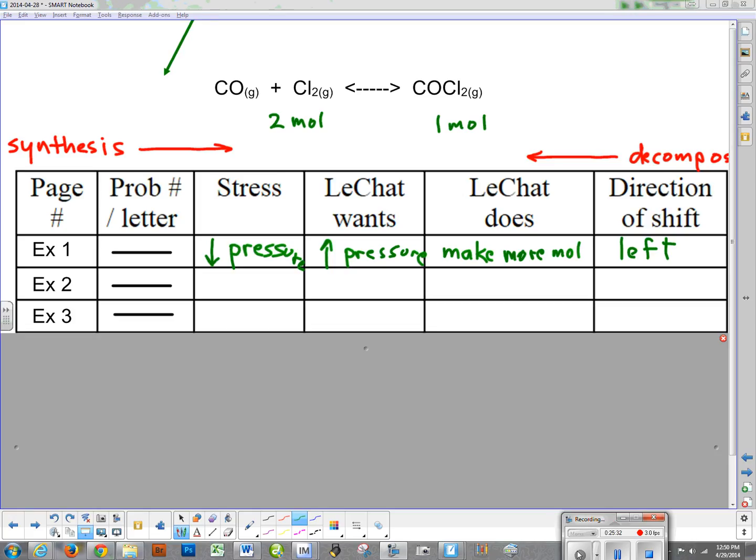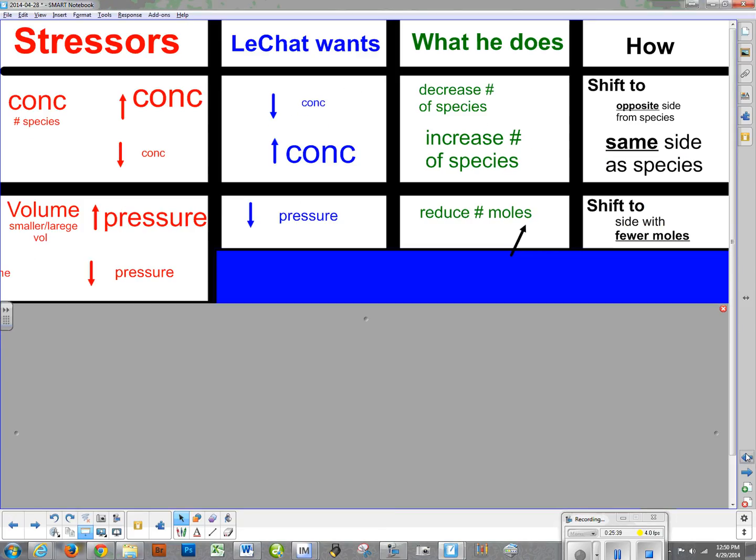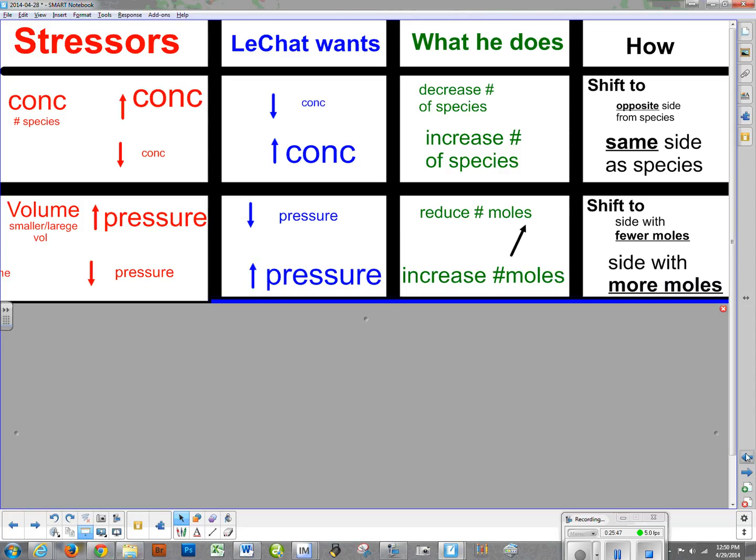Okay, let's see, there's only 2 things that you can do here in the pressure type problems. You either increase it or decrease it. To increase the pressure, you've got to get a smaller volume. To go pressure up, the volume has to go down.